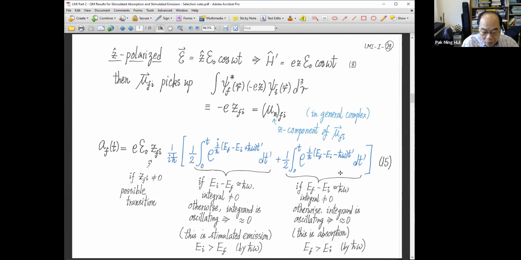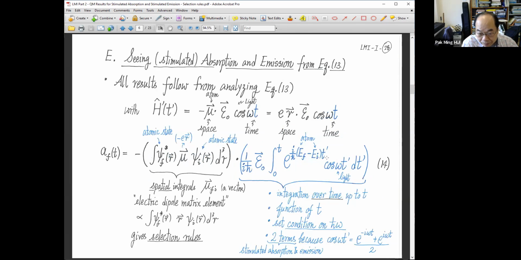So let's look at the temporal part. The E field has an amplitude and an oscillatory time dependence, cosine omega t prime. This omega is the angular frequency of the incident light.